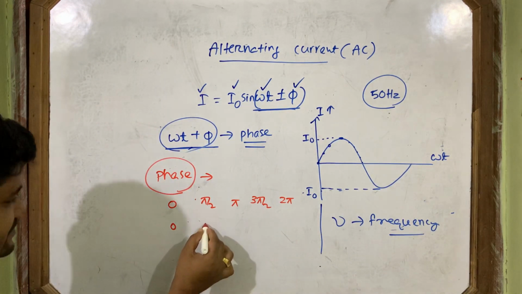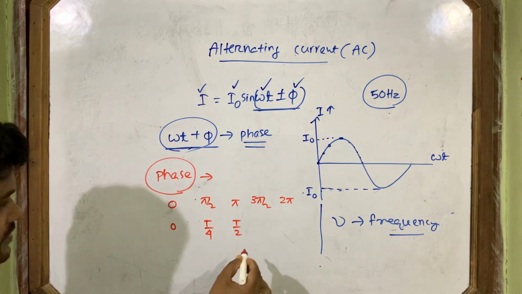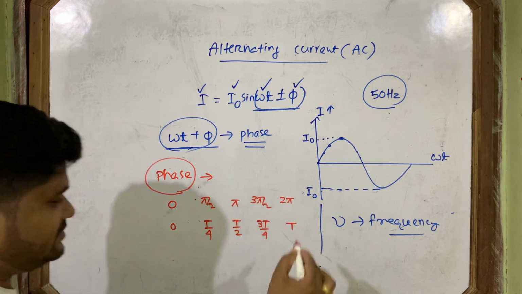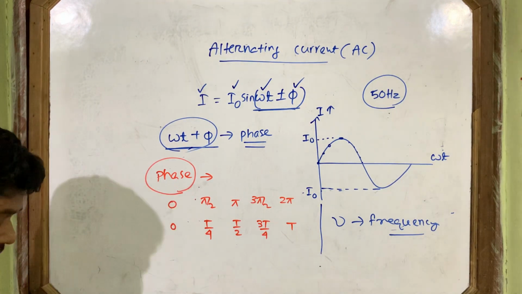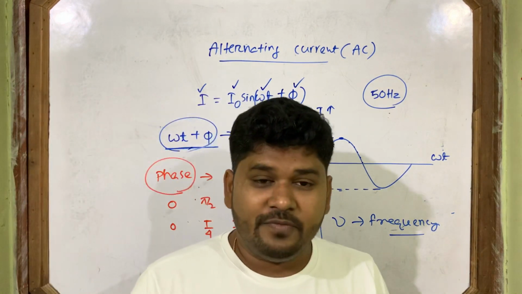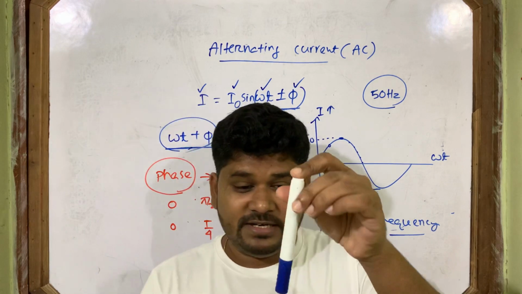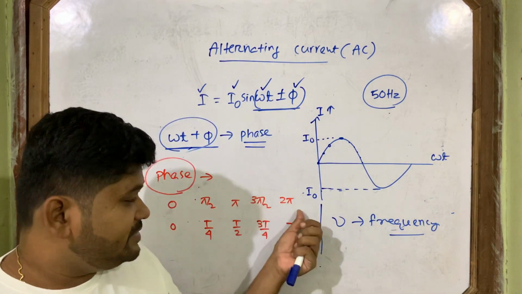If one complete oscillation is done, the time period will be capital T and this will be 2 pi.